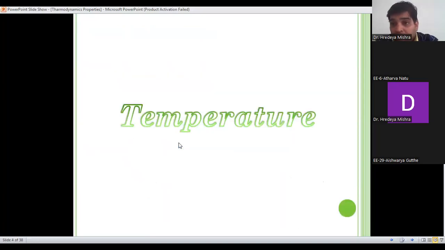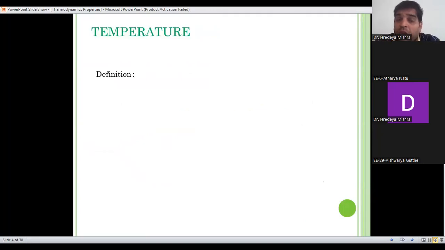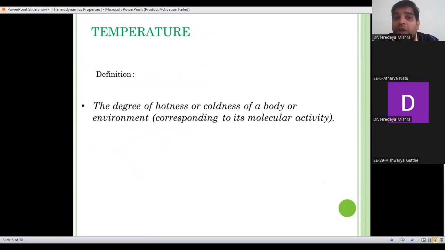Now we start our first property, that is temperature. What is the definition of temperature? The degree of hotness or coldness of a body or environment corresponding to its molecular activity.